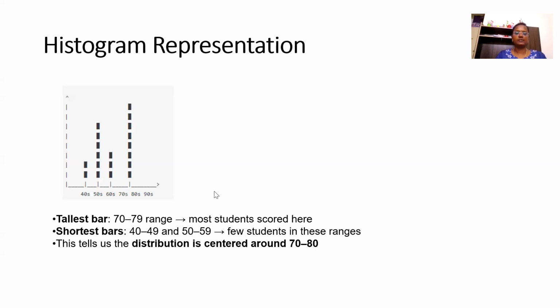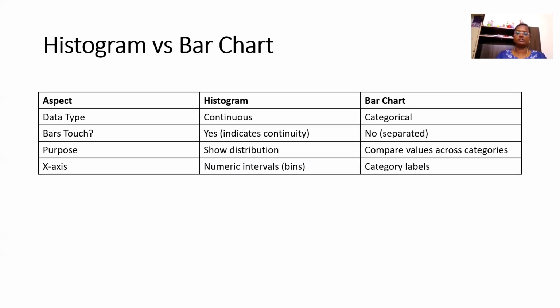This is the histogram representation. The tallest bar is the 70 to 79 range, so most students scored here. The shortest bars are 40 to 49 and 50 to 59, so few students are in these ranges. This tells us the distribution is centered around 70 to 80.